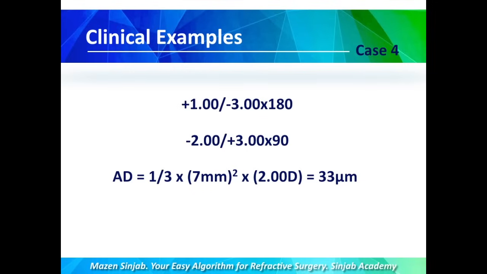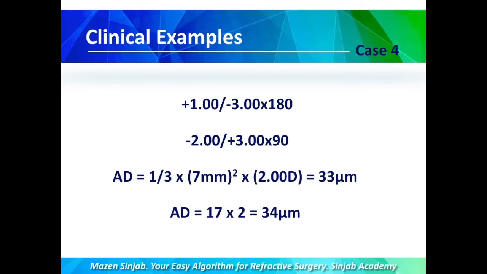Also, there is another way to calculate the ablation depth. We have said that the optical zone is 7 millimeters, and for a 7 millimeter optical zone, for each 1 diopter of correction, the ablation depth will be 17 microns. So we can multiply 17 microns by 2 diopters of correction, and the ablation depth will be 34 microns.